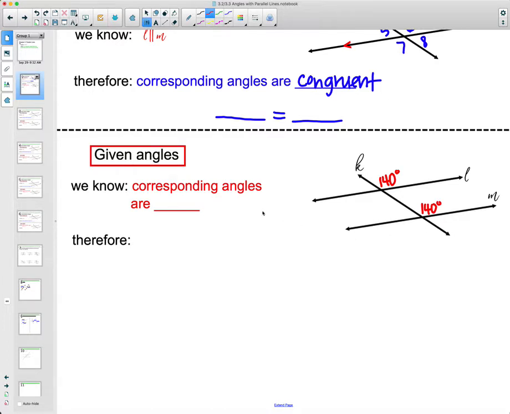So if we saw a diagram like this where we saw any set of corresponding angles being congruent to one another, so angles in the same relative spot, then we automatically know that the lines are parallel. So this forces L to be parallel to M. So if you look at a diagram and see any corresponding angles equal, automatically those lines are parallel.